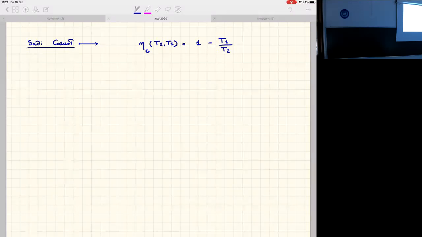And the proof of this statement has to be made in two steps. Step number one, we have to prove that the reversible cyclical engine has the highest possible efficiency. If this is not true, then we have some contradiction. So this is step number one: reversible cyclical engines have highest efficiency.